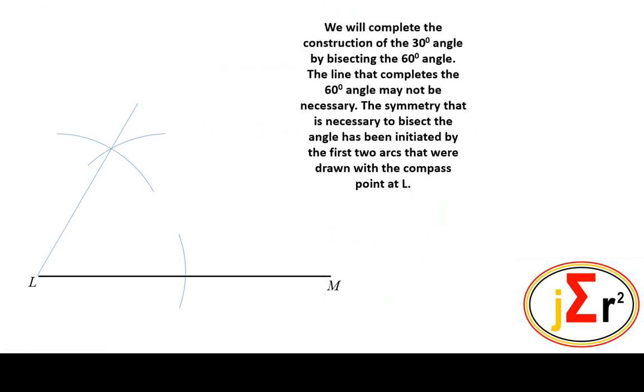We will complete the construction of the 30 degrees angle by bisecting the 60 degrees angle. The line that completes the 60 degrees angle may not be necessary. It is not necessary.